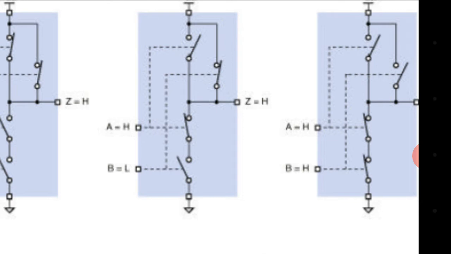Let us talk about this situation when A is high. Whenever high, that is logic 1, is given to the gate of the PMOS, that will become off, that is an open switch. So you will observe the transistor Q2 is open, and whenever you give 1 to the NMOS, that will become the on switch. So you will observe Q1 is an on switch.